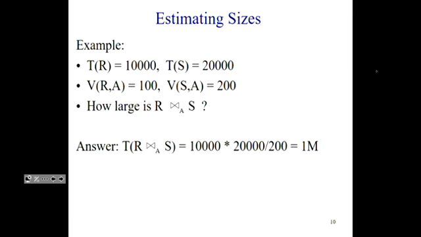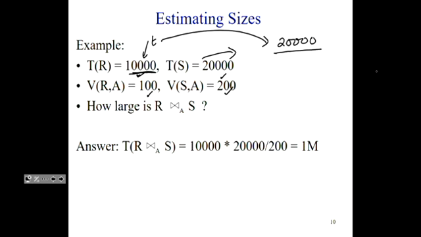The way I would do this computation is to focus first on the fact that R is smaller than S. So I'm going to look at every single tuple in R and consider how many tuples it's going to join with in S. I have 10,000 such tuples in R. Each such tuple is going to join with 20,000 divided by 200. Right? 20,000 divided by 200. Actually, I made a mistake. Sorry, let me retrace a bit.